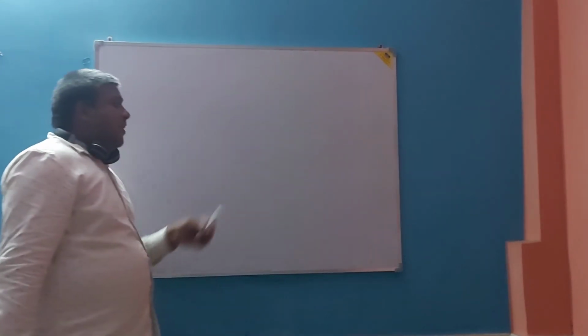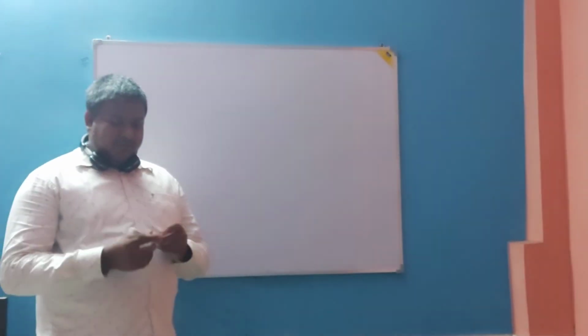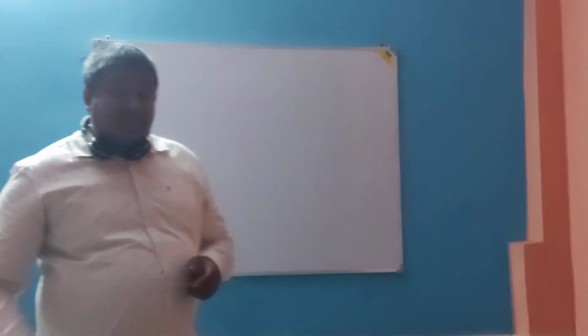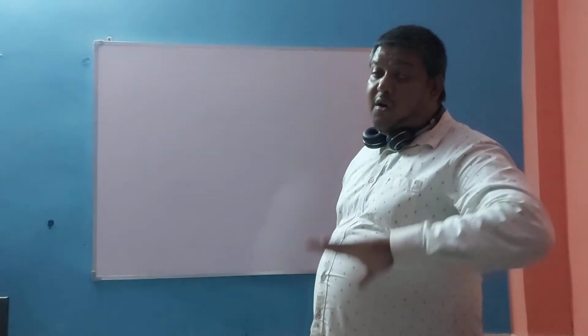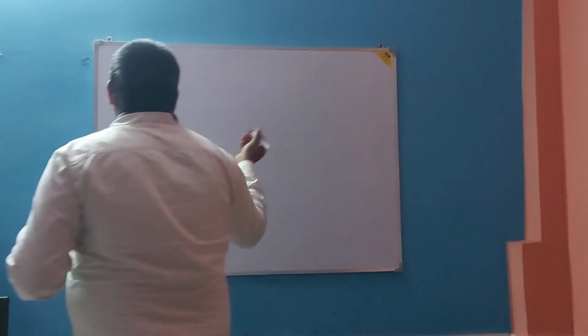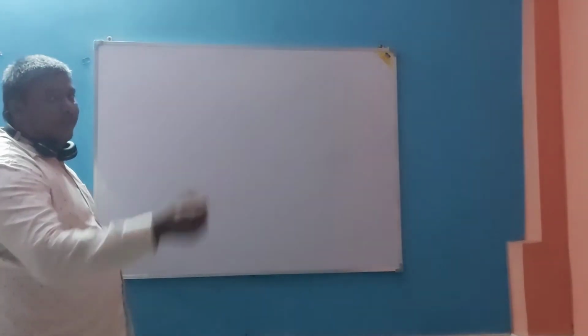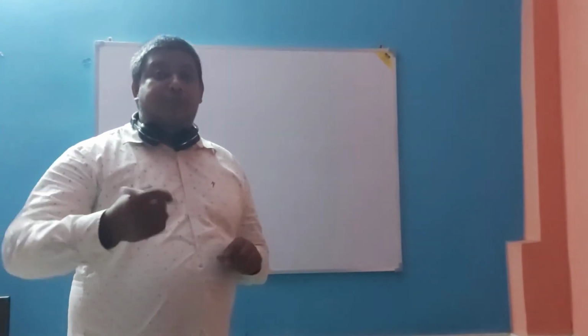Now I will show you a function which takes a list as the parameter, gets the sum of all even numbers and returns it. So how will we do it? Now I will show you one question that may come in the board examination.